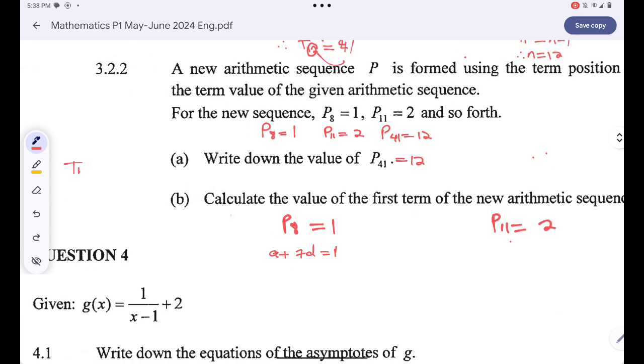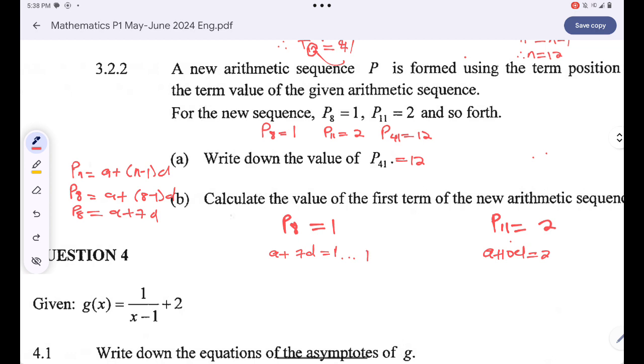Because I know that Tn, or in this case Pn, is just A plus n minus 1 D. So when n is equal to 8, that means I'll have A plus 8 minus 1 D, which will give me A plus 7D. Okay, so now it will be simple for us to deal with P11 is equal to 2. This will simply be A plus 10D is equal to 2.